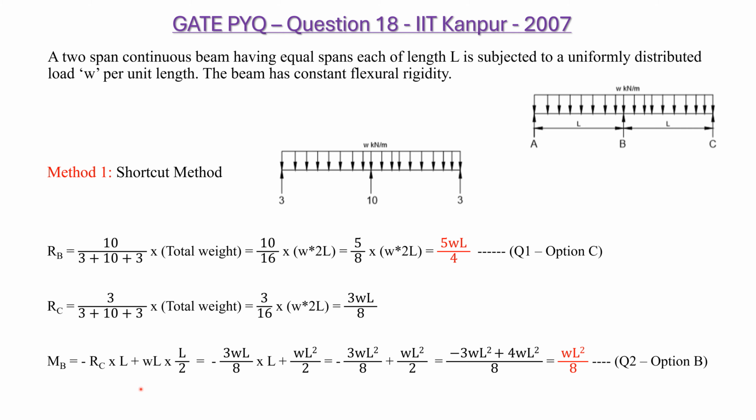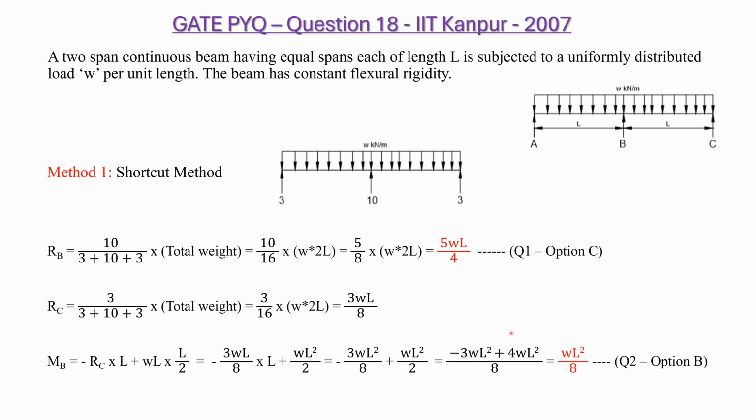Now, when I simplify this further, RC I'll substitute as 3WL by 8 with a negative sign into L. Then WL into L by 2 will be WL square by 2. When I simplify this further, this term is going to be 3WL square by 8 plus WL square by 2. Now taking 8 LCM, this term remains as it is, that is minus 3WL square, and this term will be 2 into 4, so 4 is multiplied here, that is 4WL square.